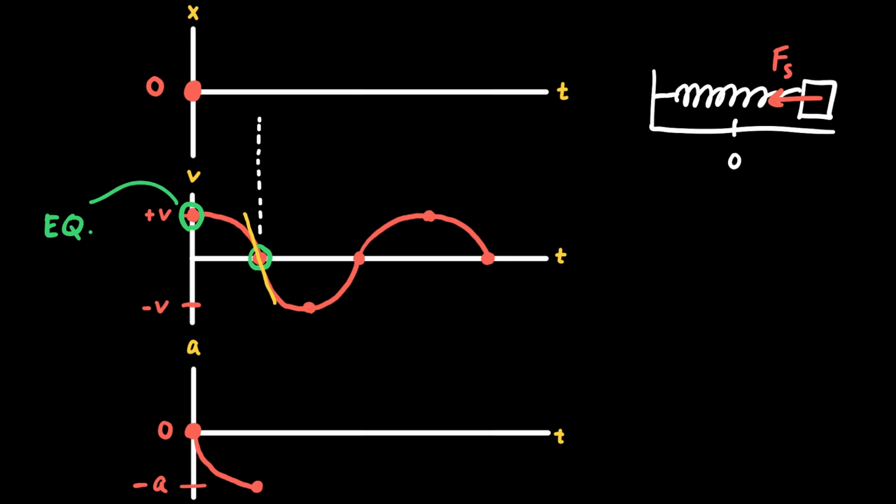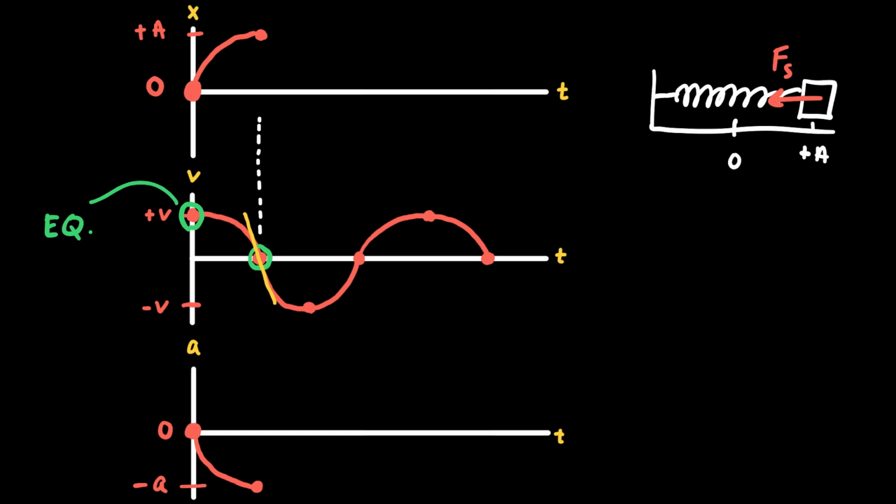The only way I can accomplish that is by being at the positive amplitude, plus a. So for that reason, I should have a 0 velocity, a negative acceleration, and a positive position. So at that point, I would be at plus a, where capital letter A represents the amplitude.